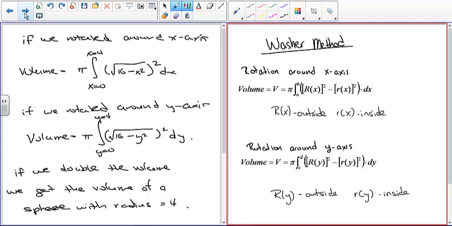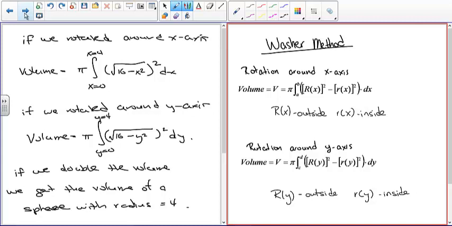So what you have is two equations, one for rotating around the x-axis and one for rotating around the y-axis. We use capital R to represent the outside radius and small r to represent the inside radius. So again, you have to plot the functions to know which curve is the outside function and which is the inside function.